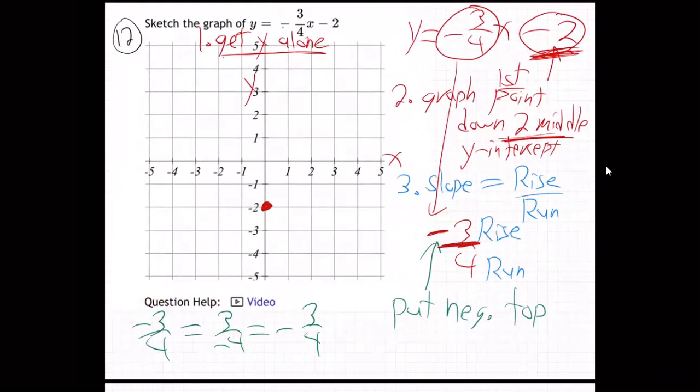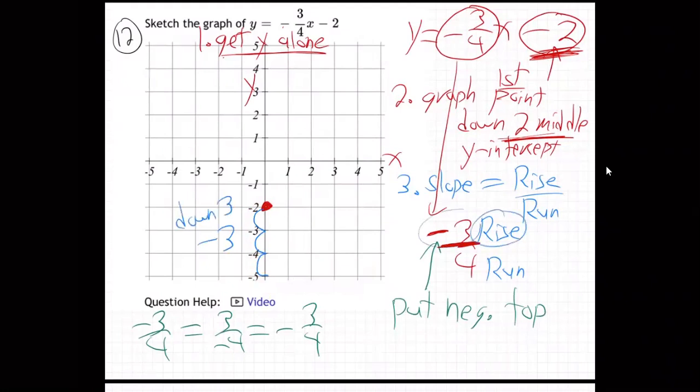So therefore, from this dot here, we're going to go down 3 and over 4. Right there's our second dot. Does that make sense? Let me show it. So I'm going to go down 3. 1, 2, 3. Down 3, because it's negative.